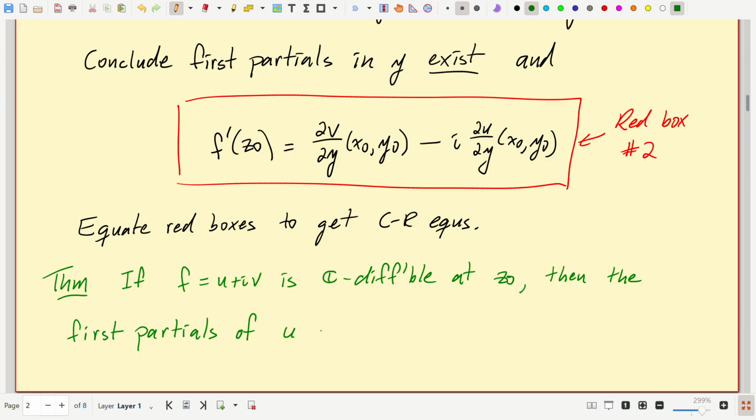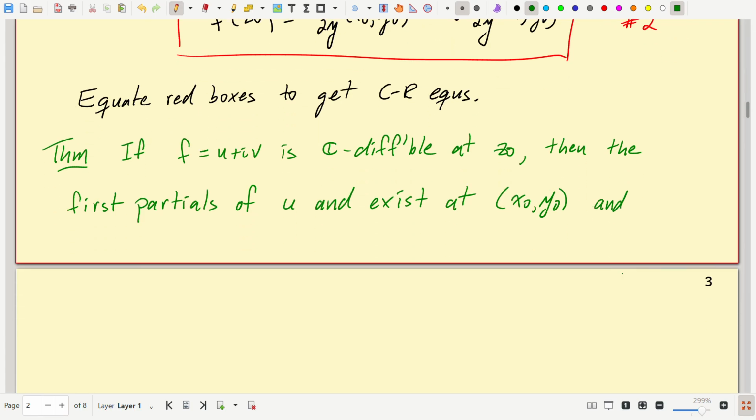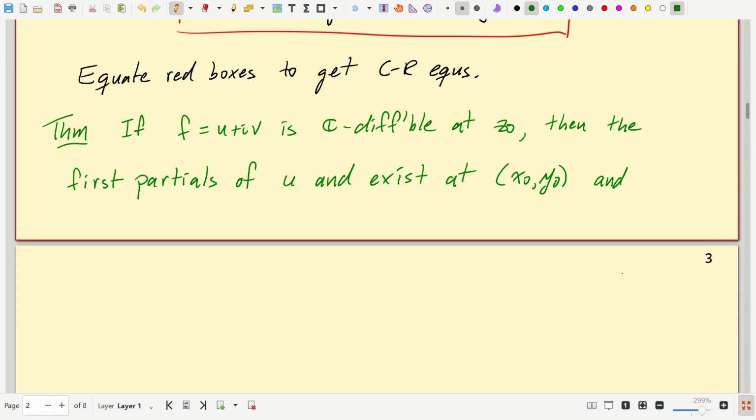I guess instead of saying z naught, I should say at x naught, y naught. And the Cauchy-Riemann equations hold. Actually, I like to state the Cauchy-Riemann equations in the form of red box number 1 and red box number 2.